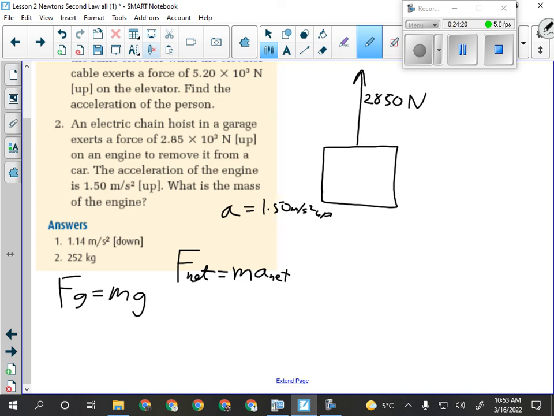The net force is the mass times the net acceleration. The force of gravity is mass times the acceleration due to gravity. By the same token, the force of the hoist would be the mass times the acceleration the hoist would produce if there were no other forces present, because then it would be the net force. So basically, any force can be calculated by going mass times acceleration.